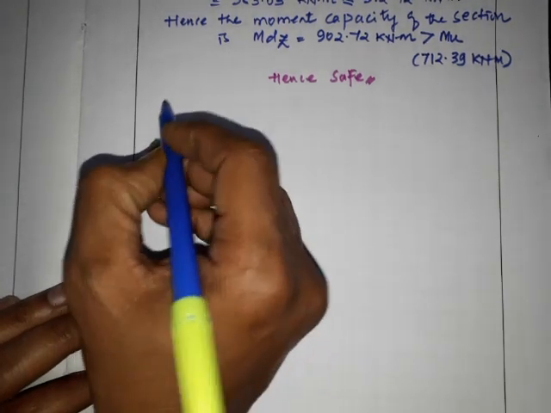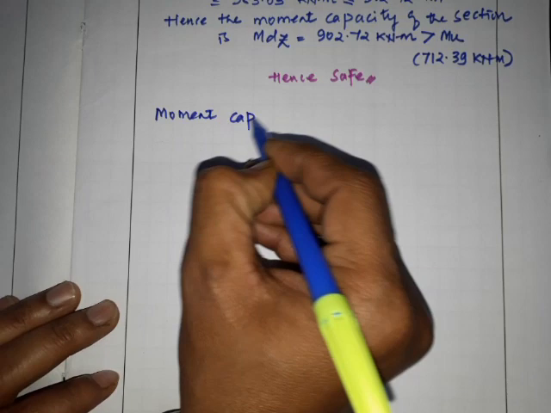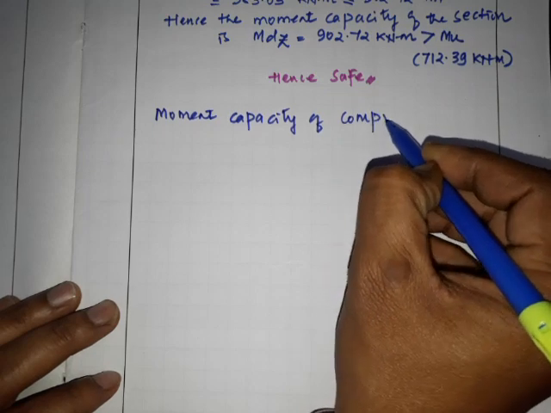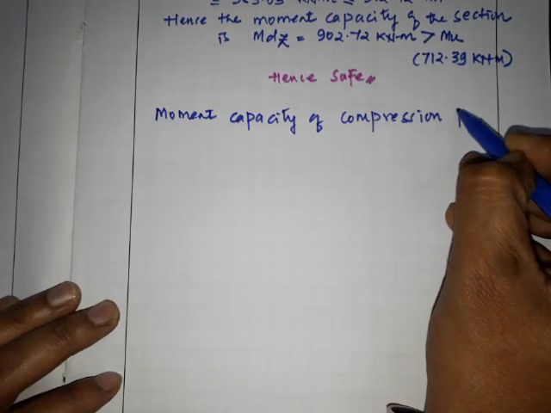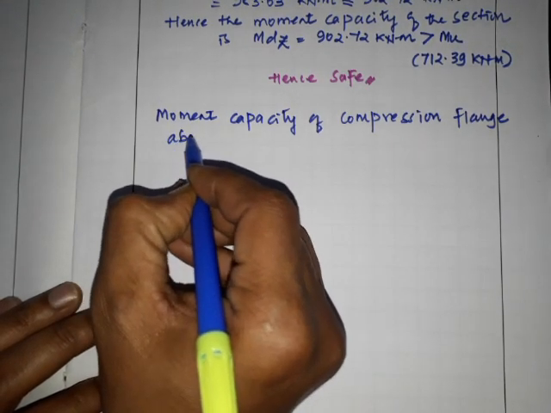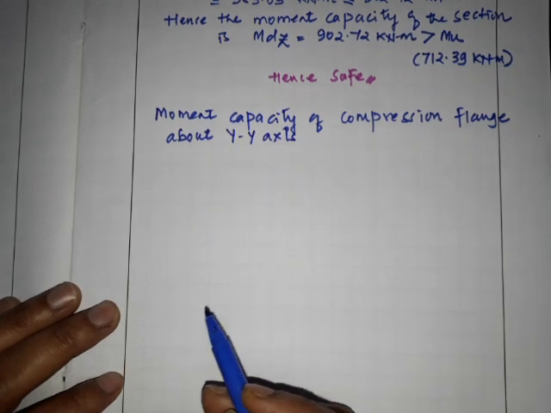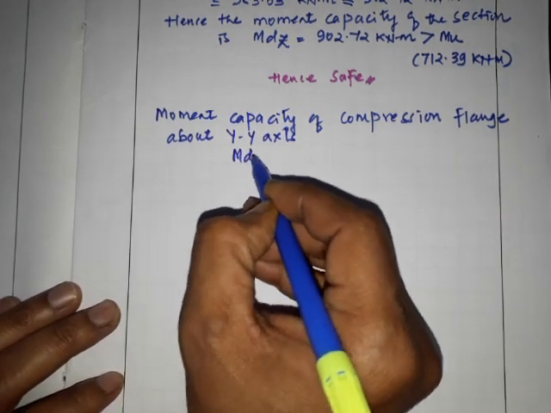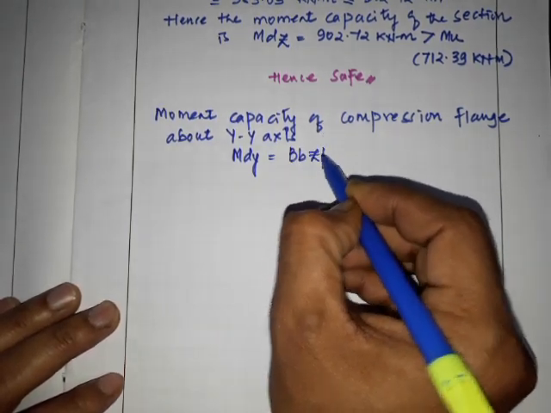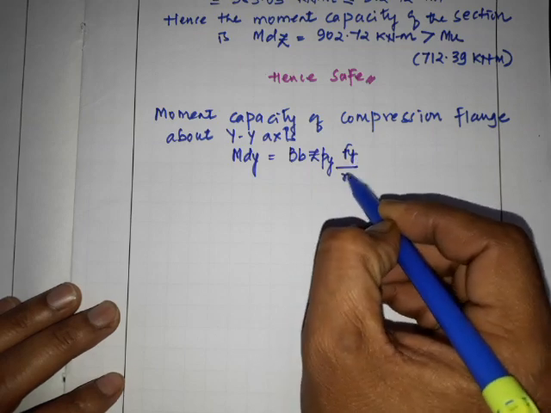then you have to check for moment capacity of compression flange about y axis, so that is Mdy is equal to beta b, Zpy we have to consider now here, Zpy into fy divided by gamma m0.